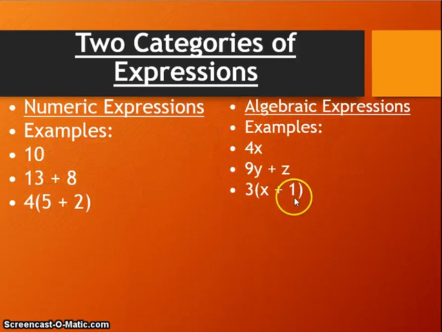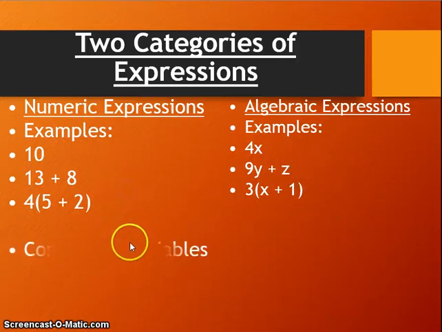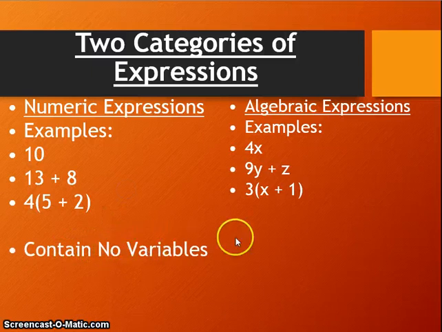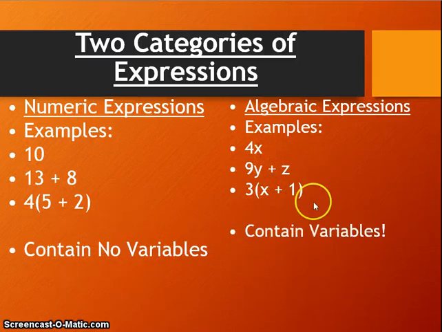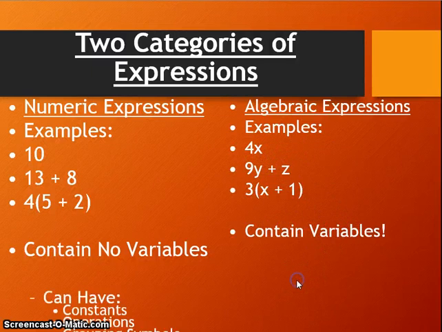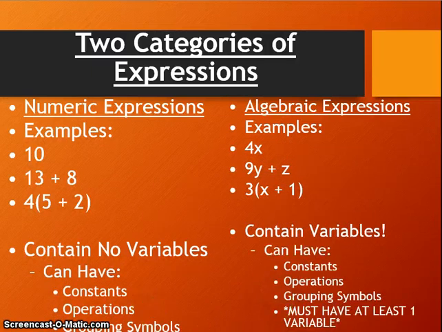And if you look at the algebraic examples, you see similarities in what they contain, but you see one major difference. So if we go back to the numeric expressions, we can see that they contain no variables, whereas the algebraic expressions contain variables. Now they both do have constants, operation, and grouping symbols, but the major difference is algebraic expressions must have at least one variable. So as soon as you see a variable, you will know it's algebraic. If you do not see a variable, you will know that it is numeric.